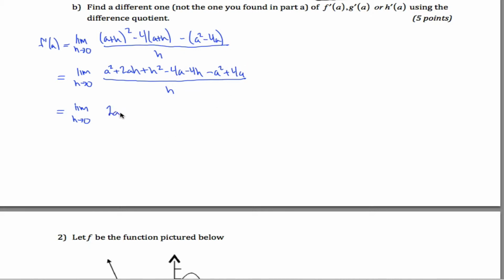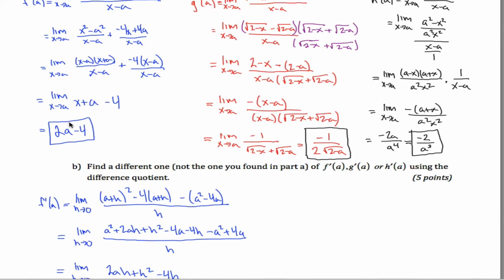I just have 2ah plus h squared minus 4h, all divided by h. Cancel this h with an h that you factor out from all three terms up top, and you get that it's the limit as h approaches 0 of 2a plus h minus 4. You can evaluate this limit. You can change all the h's into zeros and get 2a minus 4 as our answer, which sure enough is exactly what we got right here.